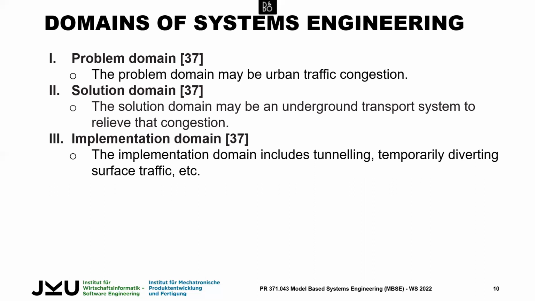So in the implementation domain, sometimes when we are in the solution domain we are thinking of something, and when we come to the implementation domain, the world is really very different. So more or less in systems engineering, we are dealing with problem, solution, and implementation domains. Just to give you the recap from the first lecture.